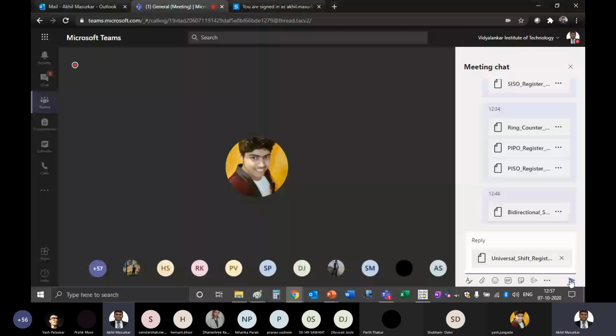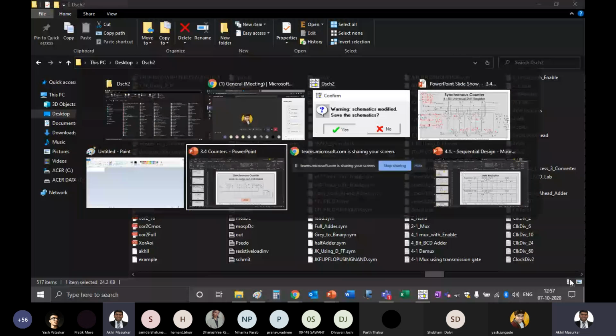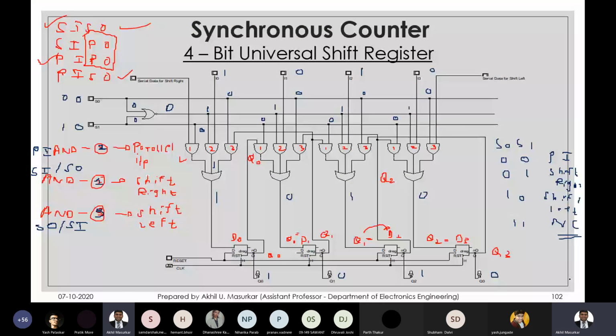Yes, so I have posted that circuit also, but I want you to note down these critical points because this is slightly more important.